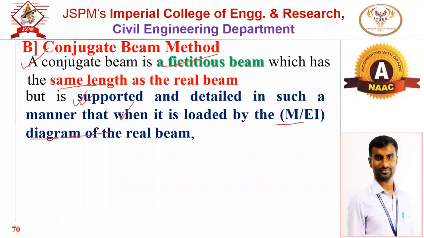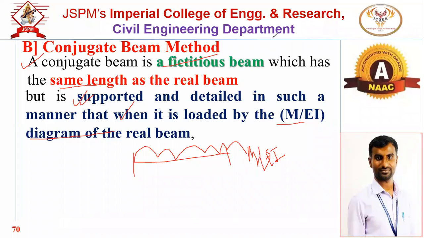That is the first thing. The length is the same, but the supports and the loading will be somewhat different. The loading on that conjugate beam is the M by EI diagram loading. Okay, the BMD as it is, we consider as the loading.